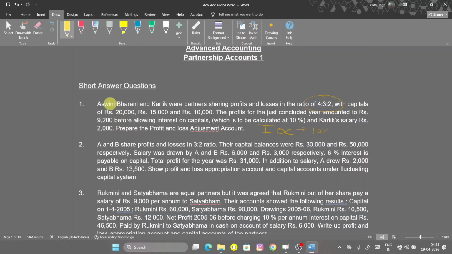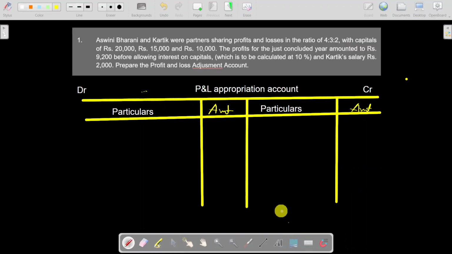Here we have three partners, Ashwini, Bharani, and Karthik, but only one partner is taking the salary of 2,000, Karthik. So we have to prepare the profit and loss appropriation account.